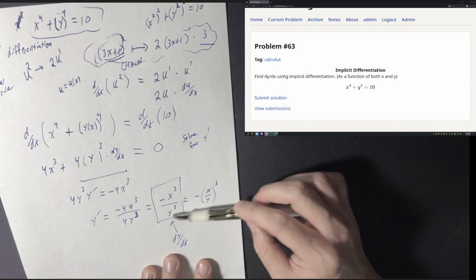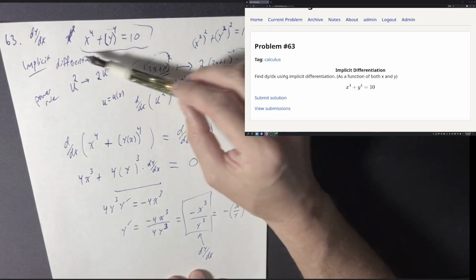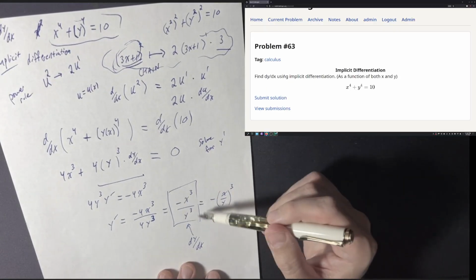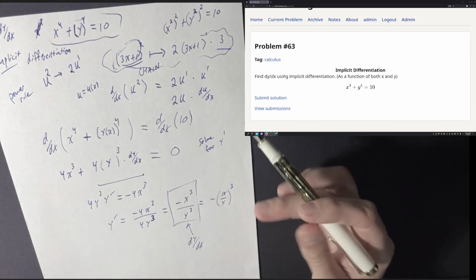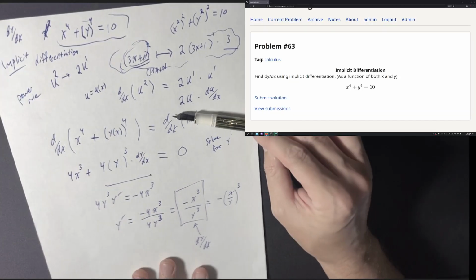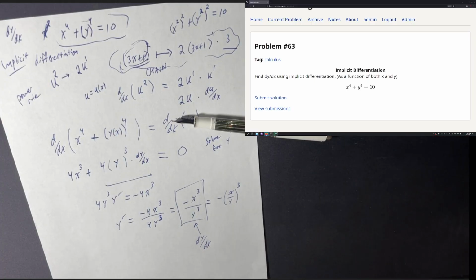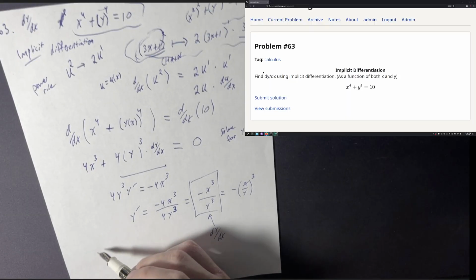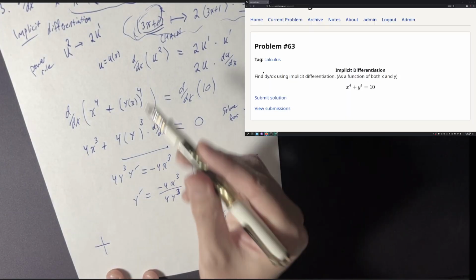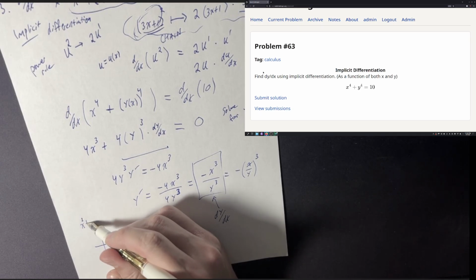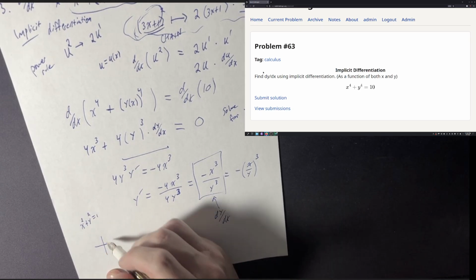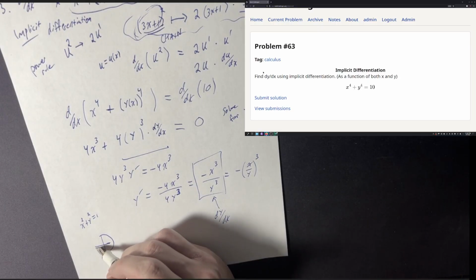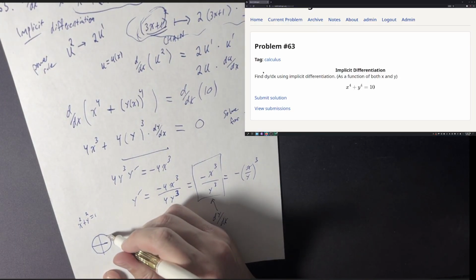This is extremely common in these implicit differentiation problems, for your final answer to be a big rational function that depends on both x and y. That's standard stuff. And if you think about just a quick example, it's not this example, but if we did have a circle, x squared plus y squared equals 1, say, and you asked, what's the derivative right here on the circle?